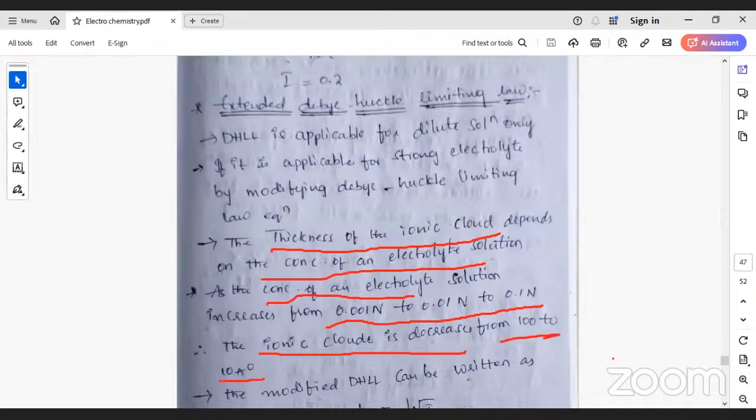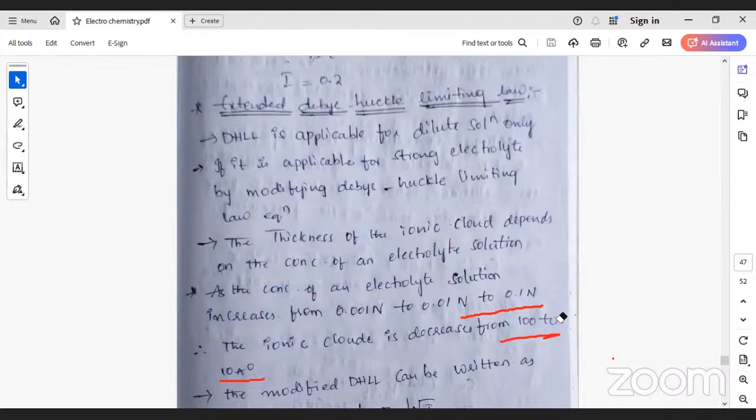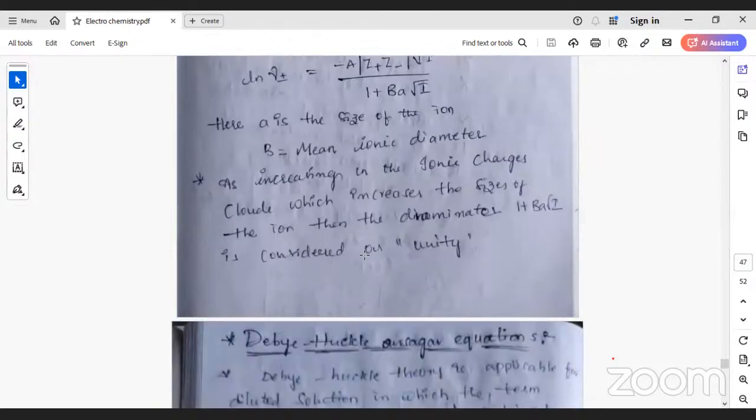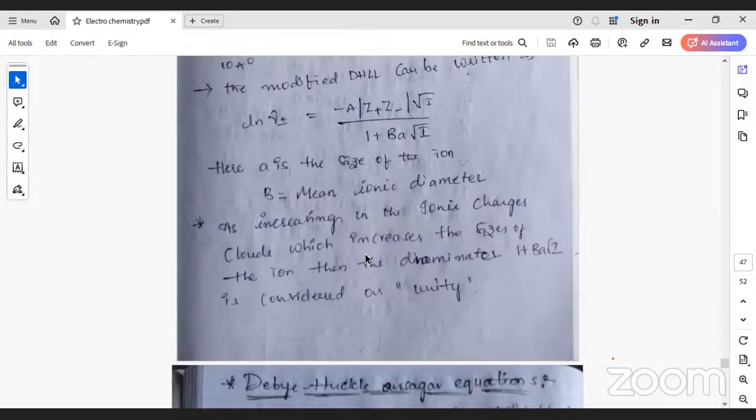As the concentration increases, the ionic cloud of an electrolyte solution decreases. So with the help of this concept, the above equation should be modified and applied to strong electrolyte solutions also.